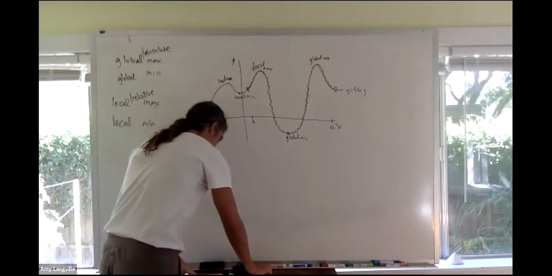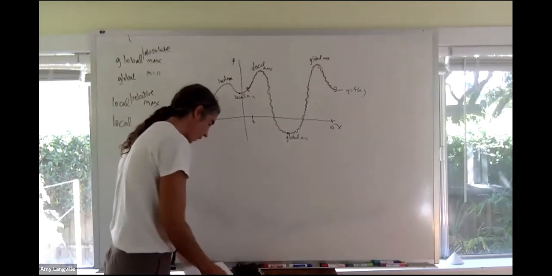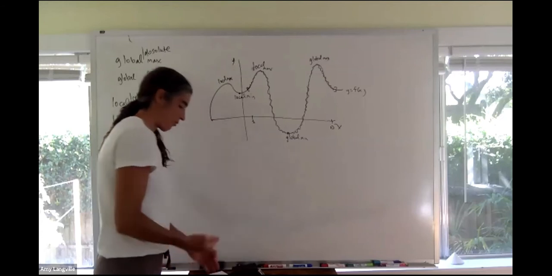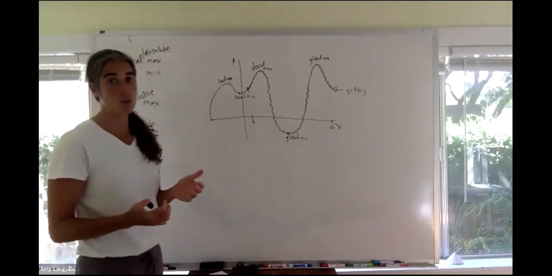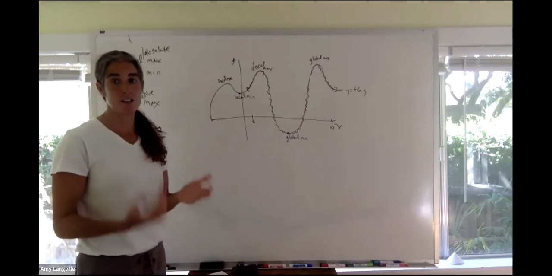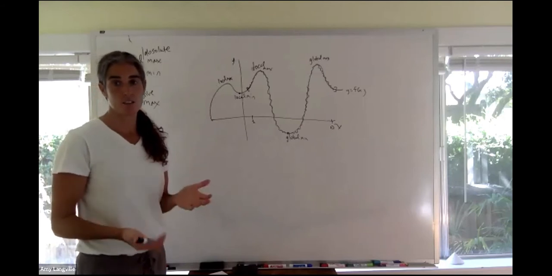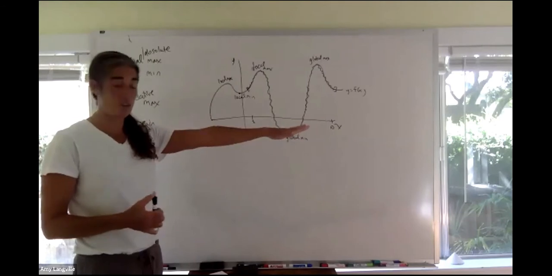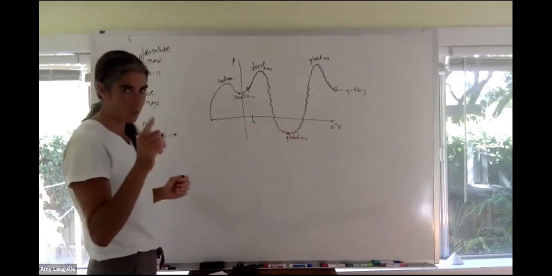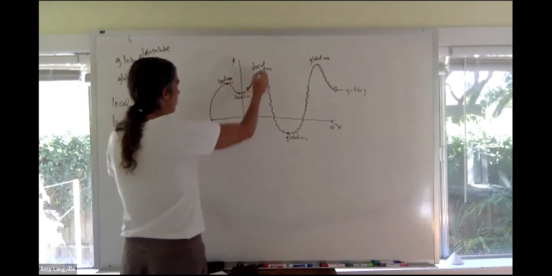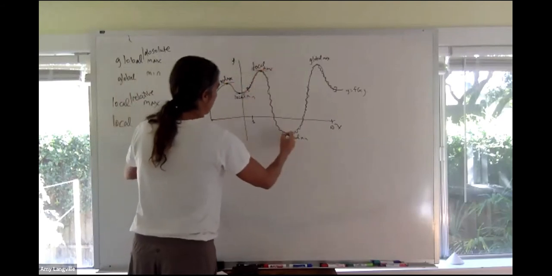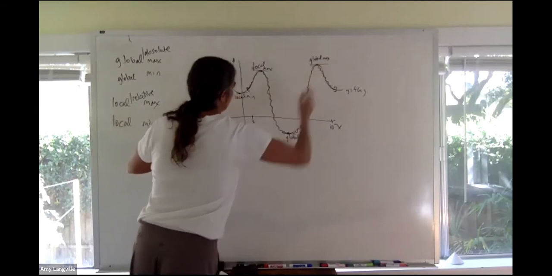Okay, so now that we've got our vocabulary, one of the things we want to emphasize that we've already talked about thus far is that the critical points got the adjective critical because their horizontal tangent lines occur there. So identify all critical points on this graph. There's one, there's one, there's one, there's one, there's one.